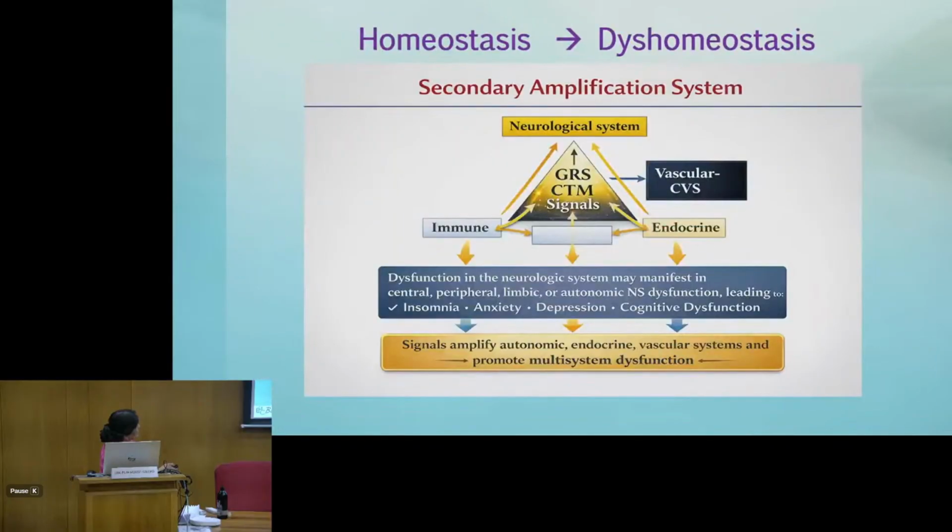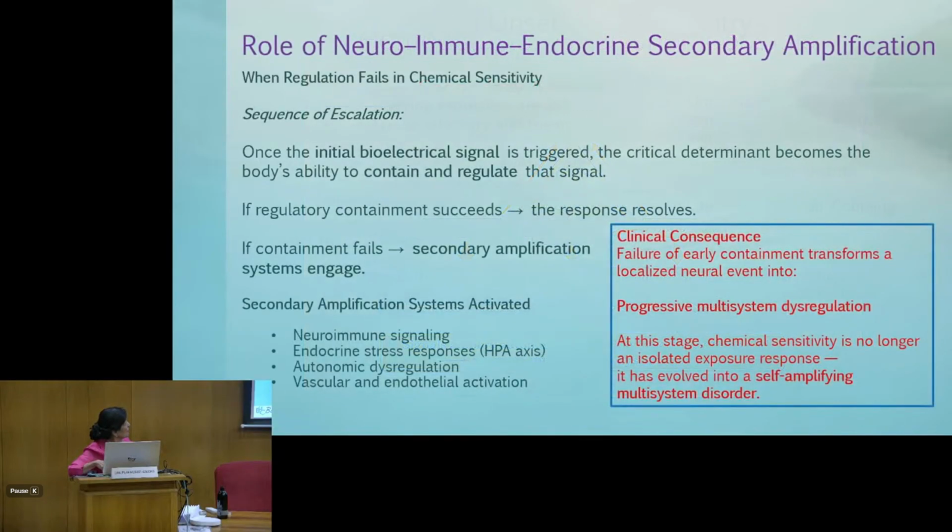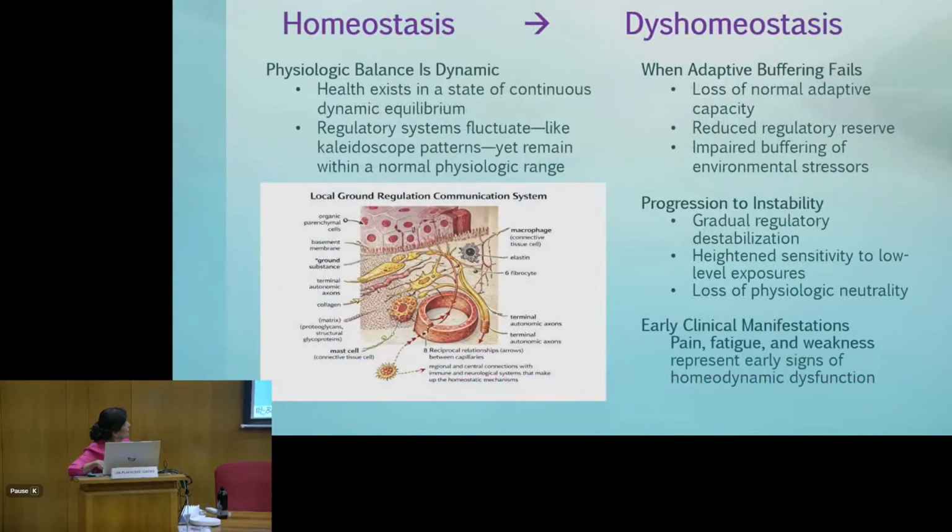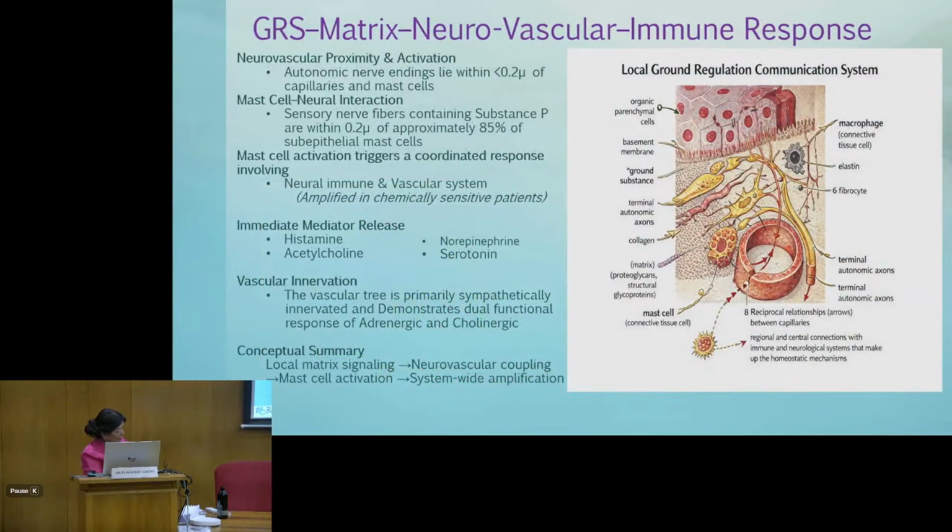Here, if you see, this is the ground substance, which is made of proteoglycans and glycans, and they have to be hydrated well. That was the reason I said that any sick person who comes to you, make sure they are properly hydrated.